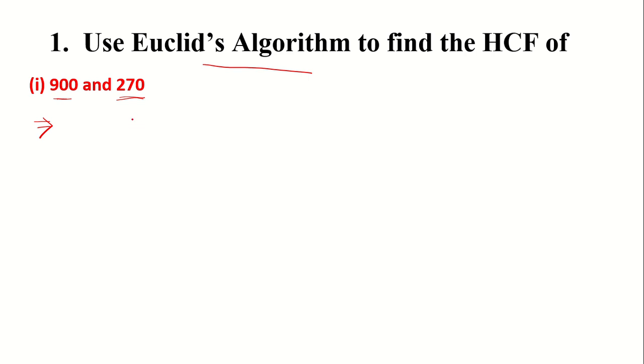Yes, Euclid's algorithm is A equals BQ plus R. Here we need to find the HCF of 900 and 270, so we divide the larger number by the smaller number.